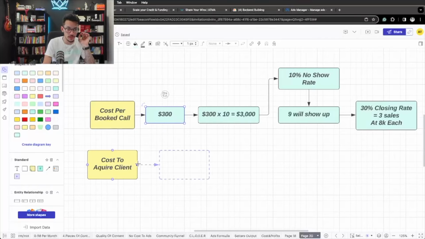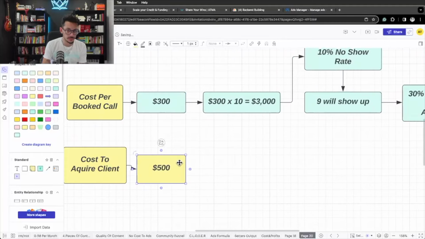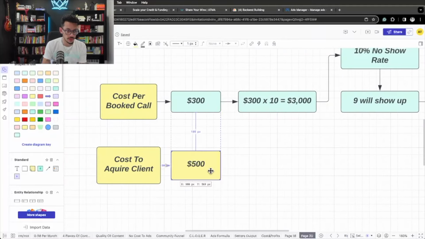So if, let's say your cost per acquisition is $500, which if you are 50K months or 80K months or less, it should be around $500. So if your cost per acquisition is $500, you can be like, okay, how do I get 10 sales?